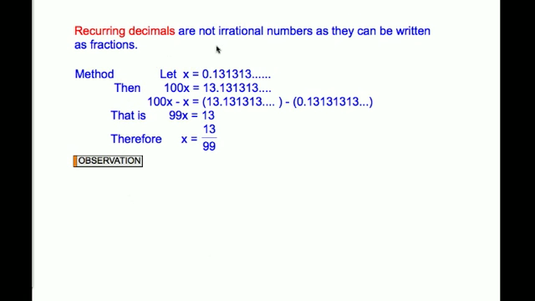Recurring decimals are not irrational numbers because they can be written as fractions. We now take a look at a method to convert a recurring decimal to a fraction. We use the method of algebra, where we let x be the recurring number. Multiplying x by 100 will take out the recurring number as a whole number.